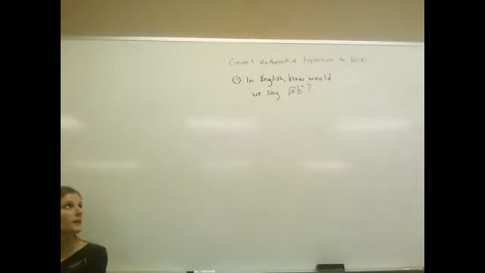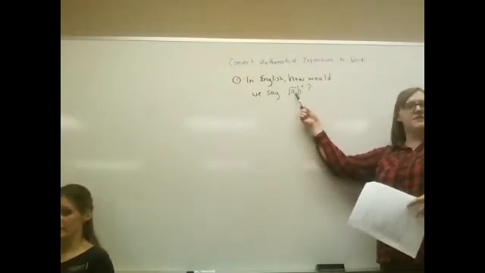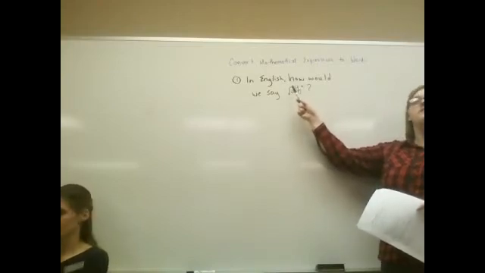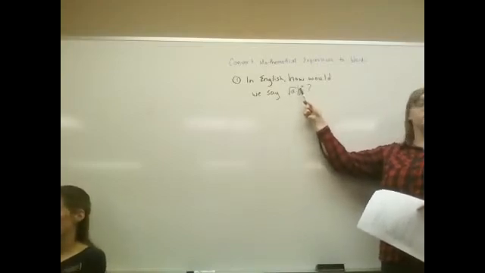I forgot to put this in your definition, so that's why we're making sure we're doing it. Whenever you have something underneath this little hook looking thing, this is called the square root.